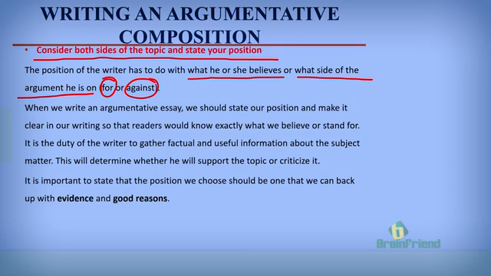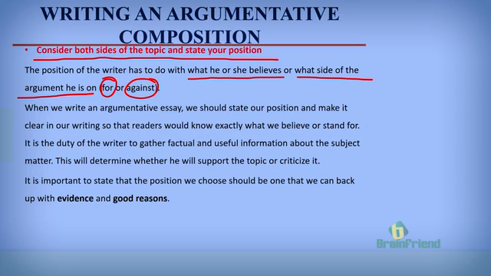So a writer must choose his position. Am I supporting this topic? Am I against this topic? You must choose the position where you stand. You must state it clearly in your writing that you are for or against a particular topic.